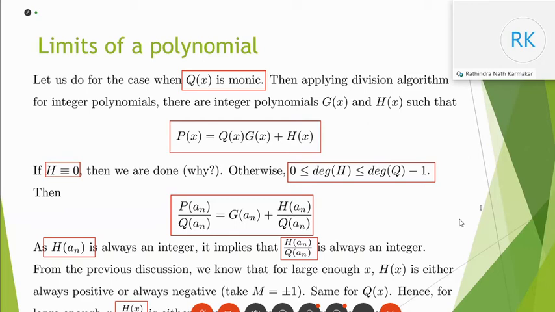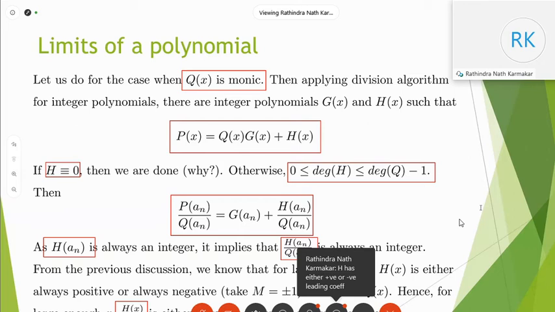That's why h of x, being equal to that constant, will be either always positive or always negative. If h is non-constant, then what do we do? Then h has either a positive or a negative leading coefficient.